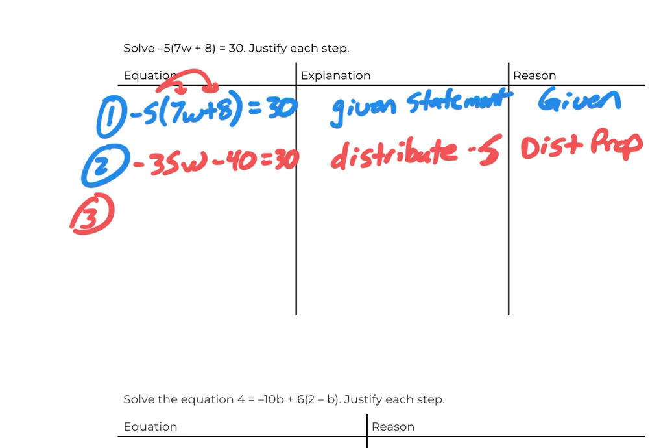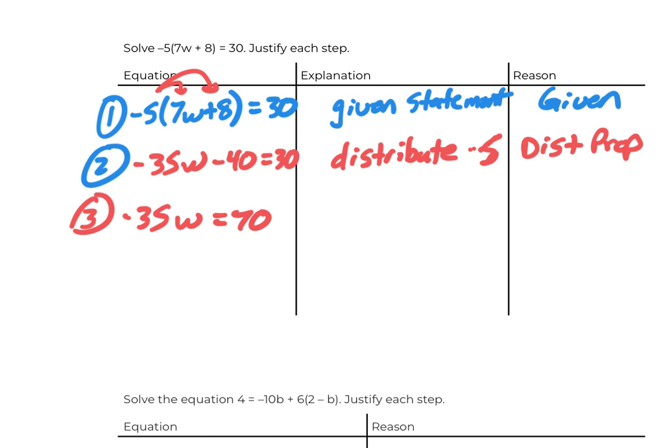Okay, now we're trying to get w by itself. What would be our next step? Add 40, okay? Now, I'm going to tell you this right now. Most of the time, they're not going to show the work that's being done, okay? We have to understand, what did we do to get from here to here? We have to be able to identify that.